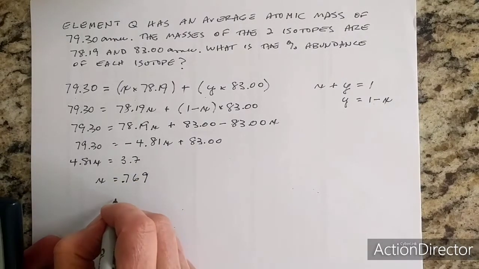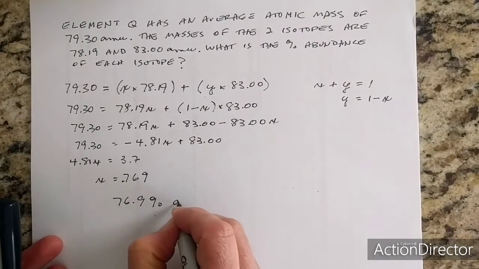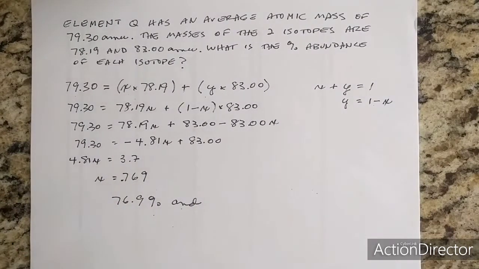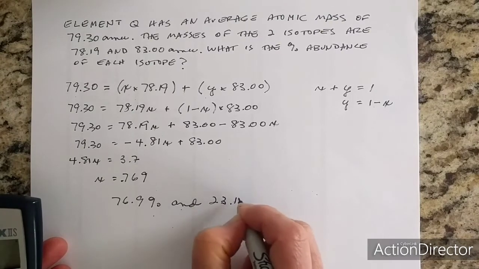So our first isotope would be 76.9% abundant, and then our second one would be 23.1%.